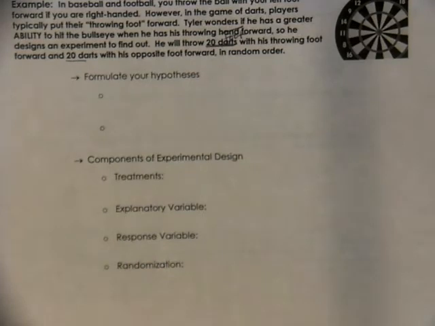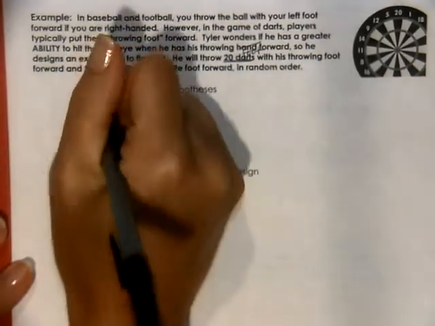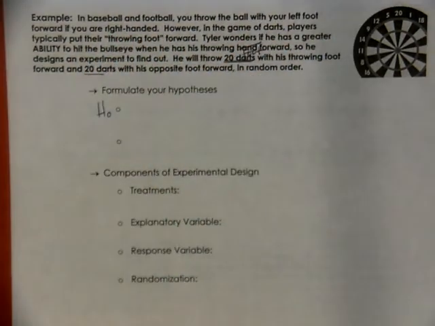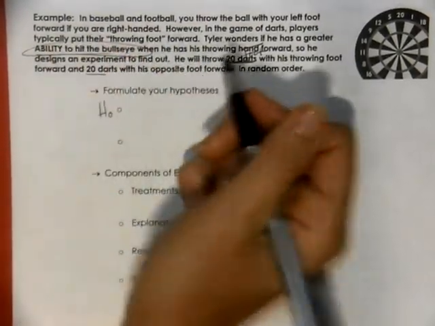So formulate hypotheses. So what are we trying to test here? Well, our null hypothesis, remember, our null hypothesis is what do we always assume is true? Well, we're going to assume that Tyler has the same ability to hit the bullseye, because that's what he's talking about here. He wants to know his ability to hit the bullseye.